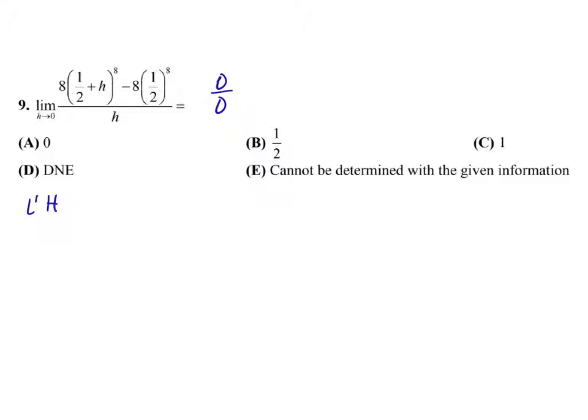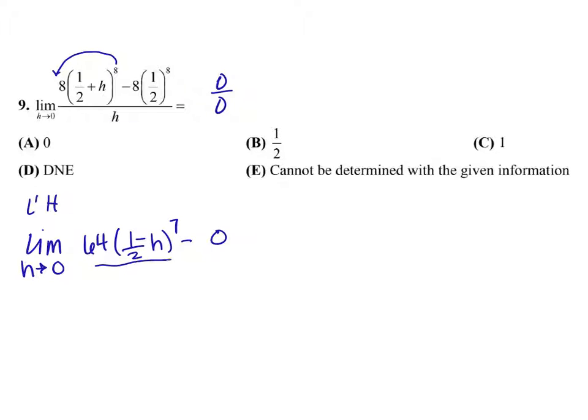And so let's try L'Hopital's rule. We have the limit as h approaches 0. And L'Hopital's rule here, we're going to have our chain rule. So multiply that down. That's 64 times 1/2. Goodness. Minus h all to the 7th. Well, all of that other is, those are numbers, so that's going to go to 0, and that's all over 1.